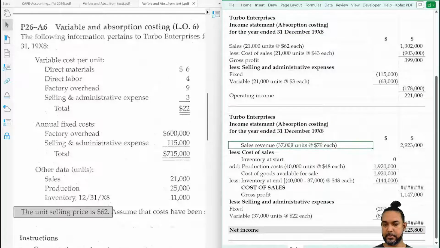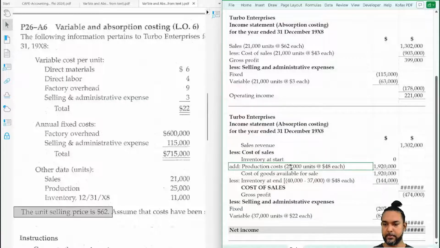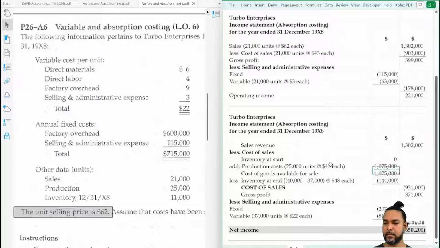Okay. Sales revenue. Production. So we produced, how many did we produce? We produced 25,000, at 43. That's $10.75 million, and they gave us that we have 11,000 units at 43, 602.